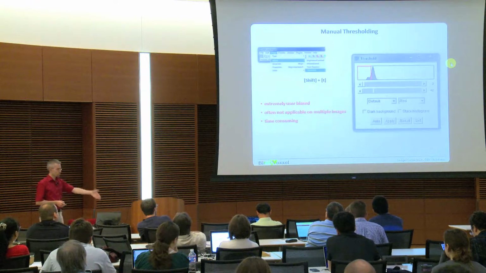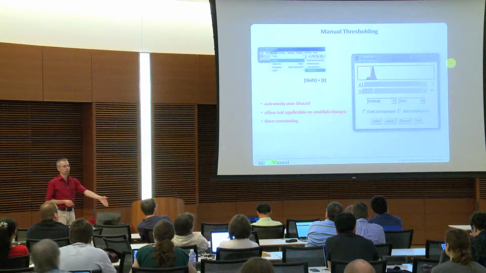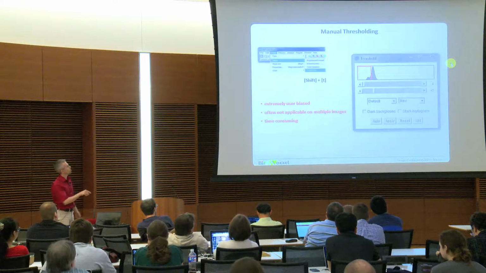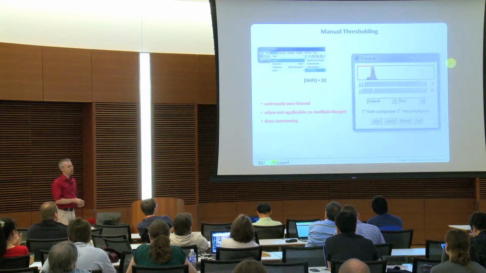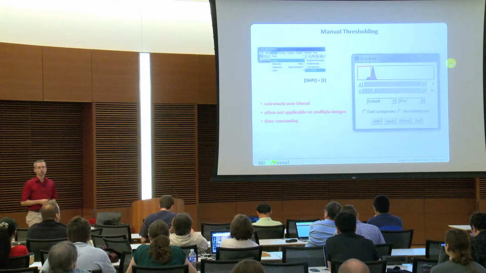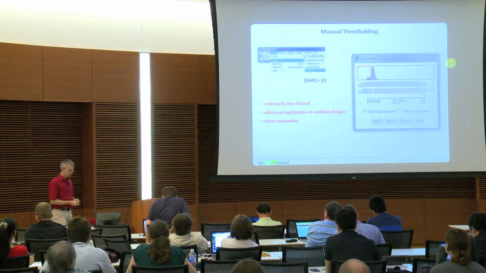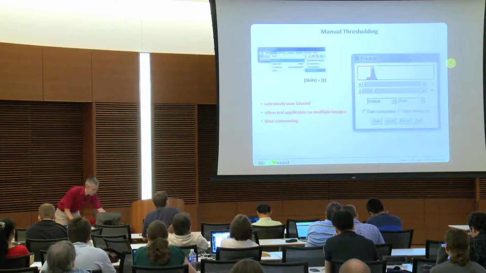If you want to, you can also have a look at the image from exercise 3 and start the threshold under Image, Adjust, Threshold, and try to figure out if you find a threshold which is actually suitable.